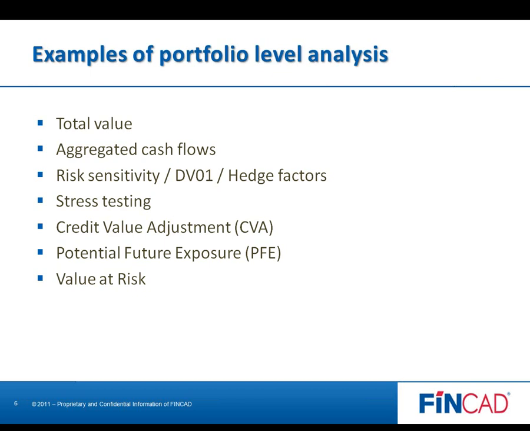For example, it can be used to calculate DV01, which is the sensitivity of the portfolio value to a small shift in interest rates, a parallel shift of the whole yield curve. It can also be used to calculate hedge factors, which are the positions in liquid vanilla instruments that would be required to add to the portfolio to provide an instantaneous hedge of all market and credit risk.